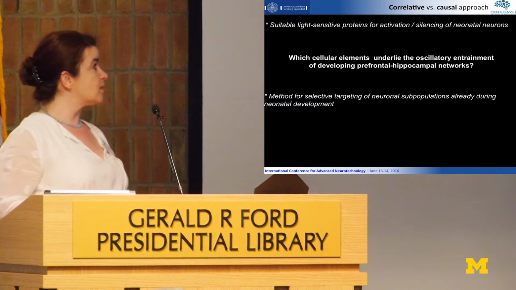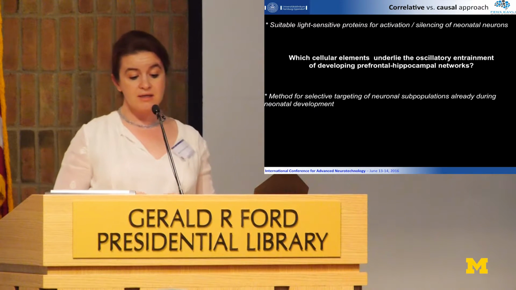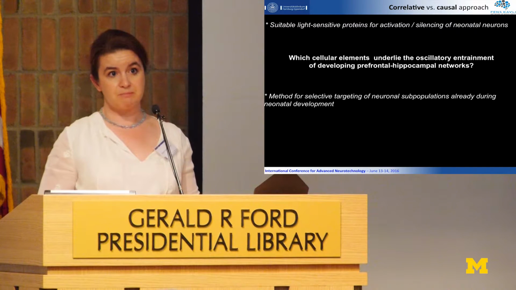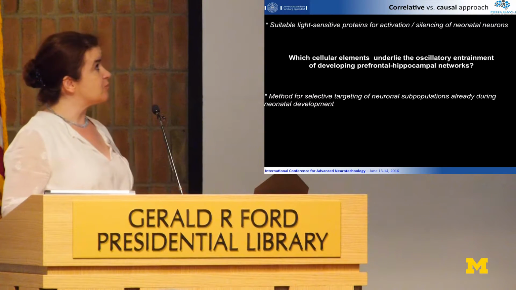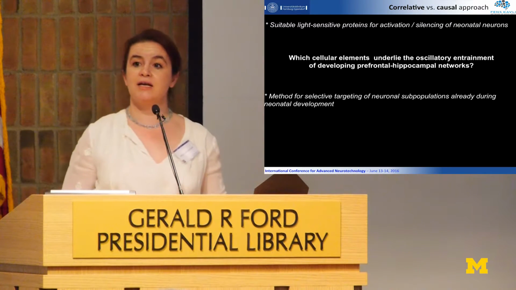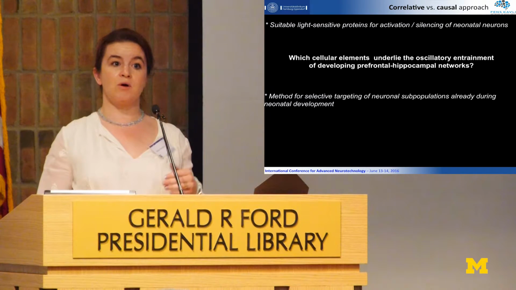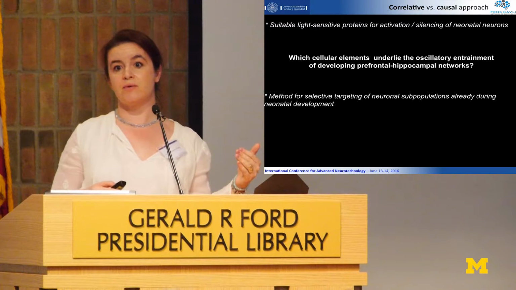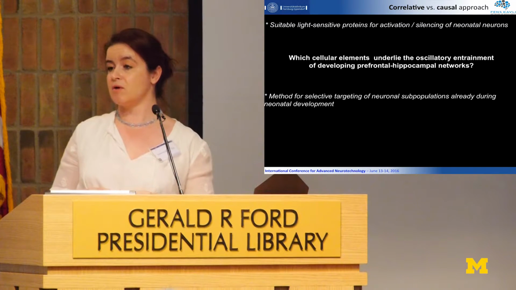And the second problem was how to target this early neuronal subpopulation during development. We wanted a light-sensitive protein that also follows faster frequencies, because we don't want to look only at the theta range, but also at the beta low gamma range.